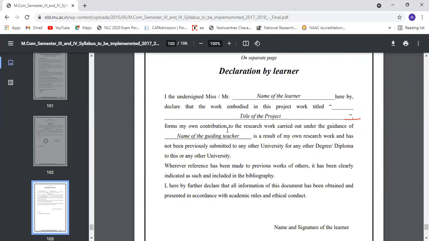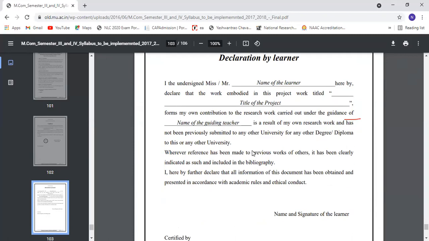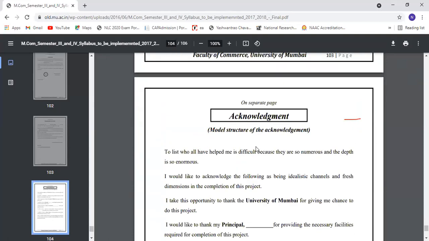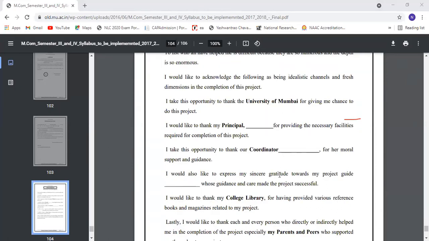Then declaration by the learner, you have to give your declarations. Certificate by the guiding teacher. Then acknowledgement: you have to acknowledge those who are directly or indirectly related to your study. These are the formats. I'm sending you this format, students. Don't worry about it. Do accordingly.